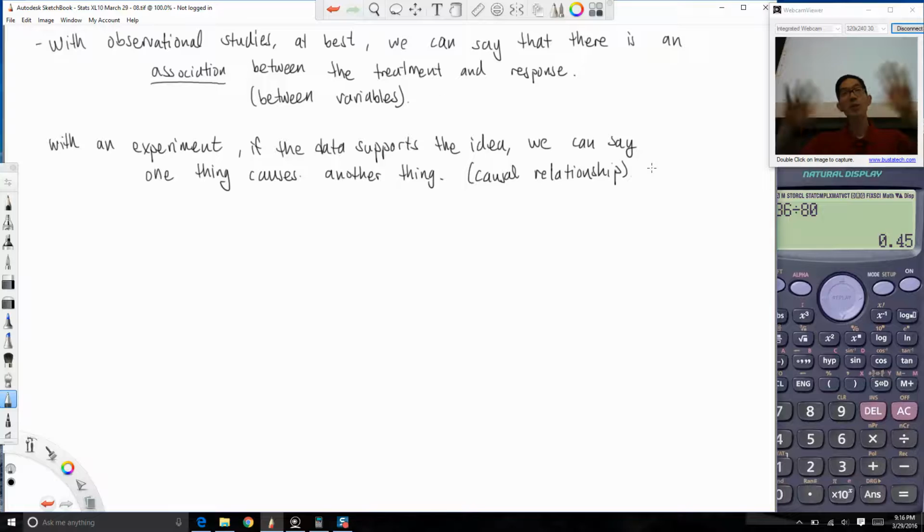Because everything else was the same, we can attribute this difference to the medication and the placebo. So with a well-designed experiment, you can say that. But again, not all experiments are ethically possible or even practically possible.